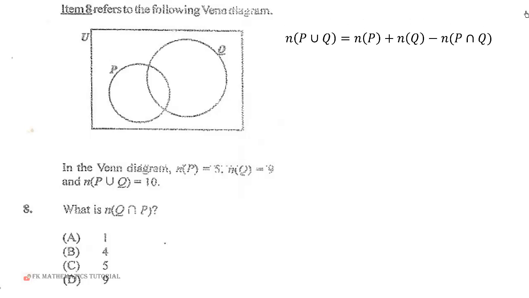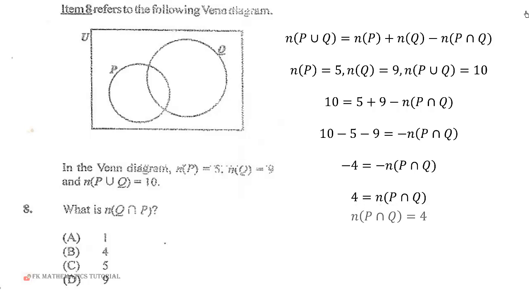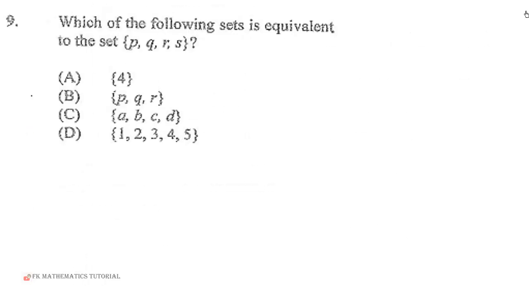So we can use this formula, and we substitute into the formula. We simplify, we obtain number of elements in P intersection Q to be 4. So the correct answer is B.